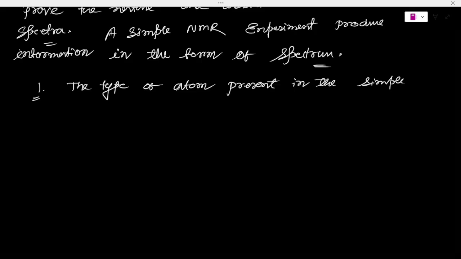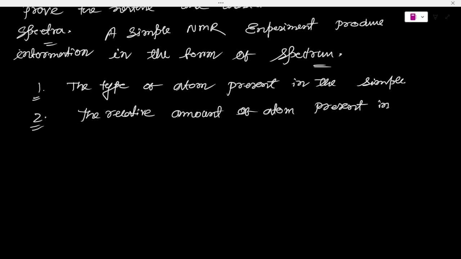And the second point is the relative amount of atoms present in the sample.